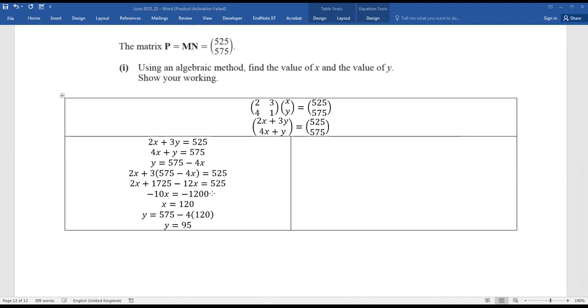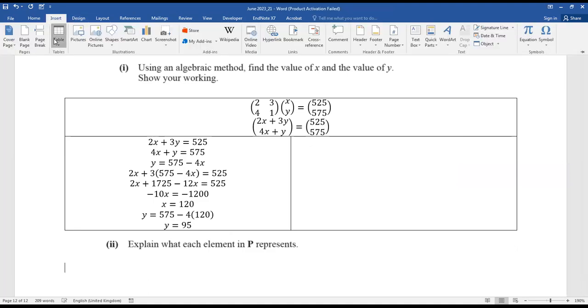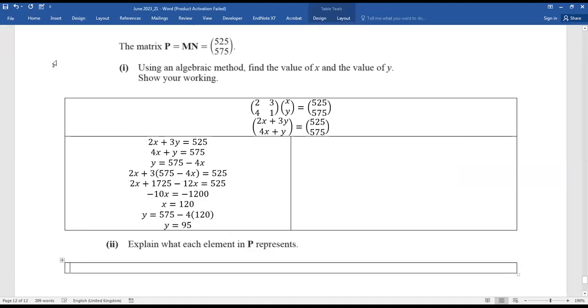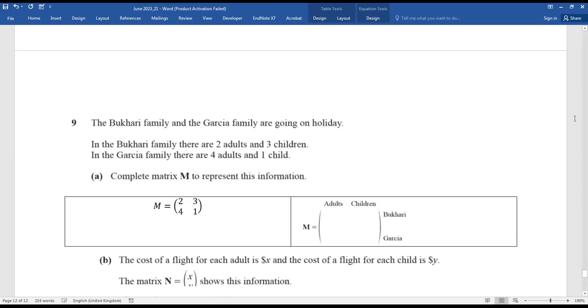Explain what each element in P represents. It represents the total cost that each family had to pay. Because 525 is the total cost, $525 is the total cost that, what is the name of the family again? Bukhari family had to pay.